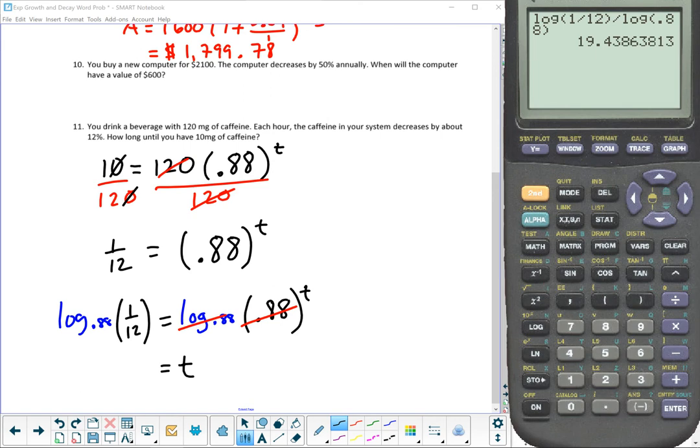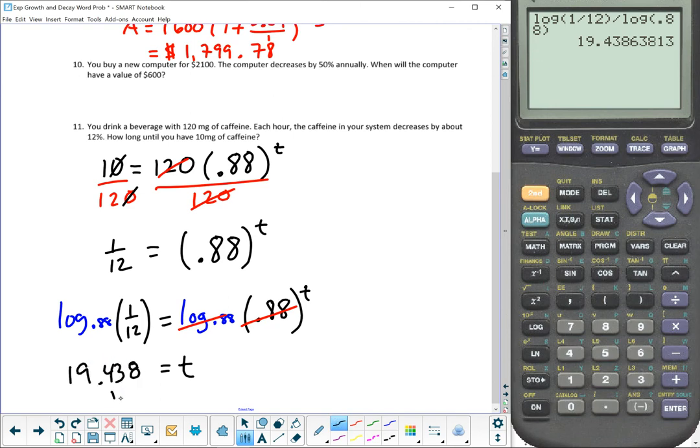Okay, and you should get 19.438. That's in hours. So 19.438. This is hours. Okay, so after almost 20 hours, you should have about 10 milligrams left of caffeine.